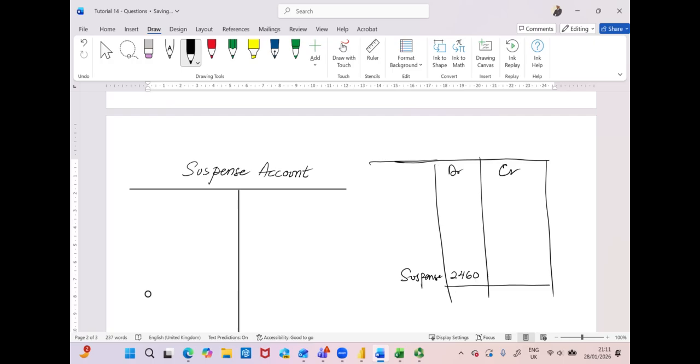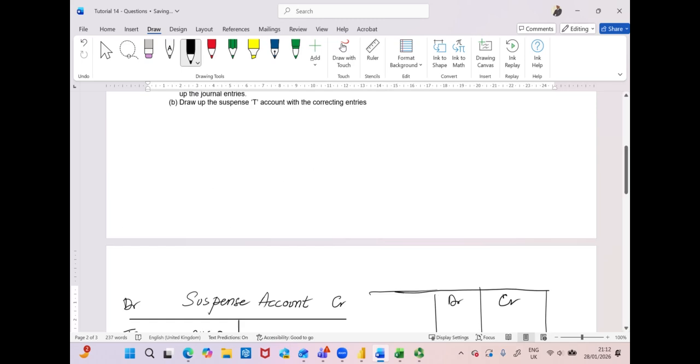That means in my suspense account, where TB stands for trial balance, I will write 2,460 on the debit side. Remember, this is the debit side and this is the credit side.